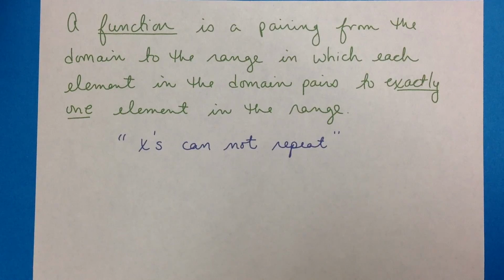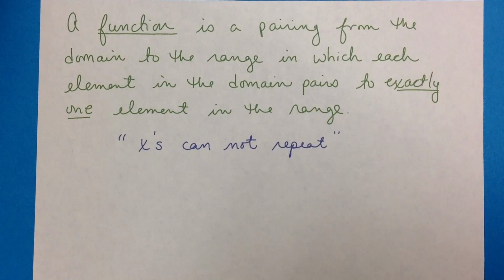As it states, a function is a pairing from the domain to the range in which each element in the domain pairs exactly with one element in the range. So you've got to remember that each element in your domain pairs with exactly one element in the range. When it all boils down, looking at your x's and your y's, what that really means is that your x's cannot repeat.